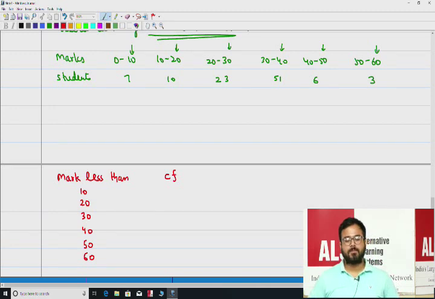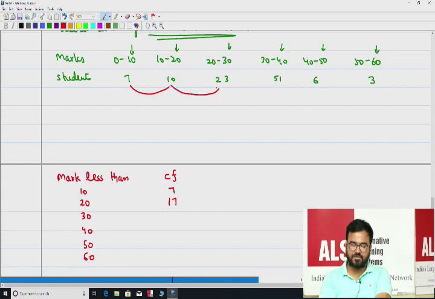So now marks less than 10, you can see from 0 to 10 it is 7, and from 0 to 10 it basically means, if all are integers, 0 to 9 only. So there are 7 students whose marks are 0 to 10. Less than 20 means it includes all the values 0 to 10 and 10 to 20 also. So less than 20 is 7 plus 10, which is 17. Less than 30 means adding 23 to this one, that would become 40.